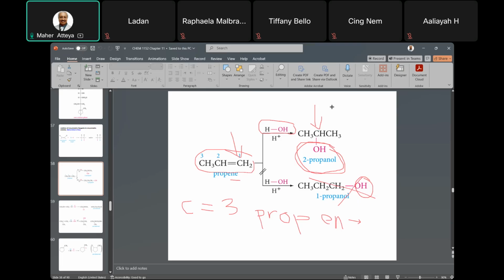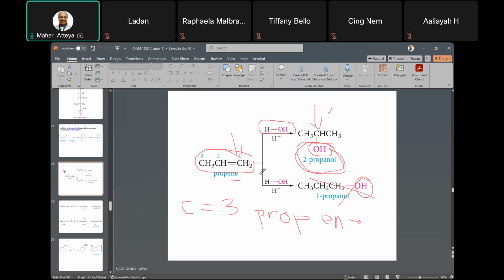The secondary one, the second carbon, is the more stable carbocation, and therefore the OH will be on the second. Okay, now, any question about this?